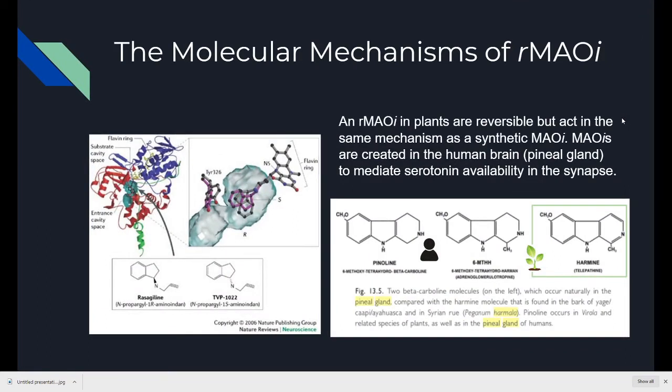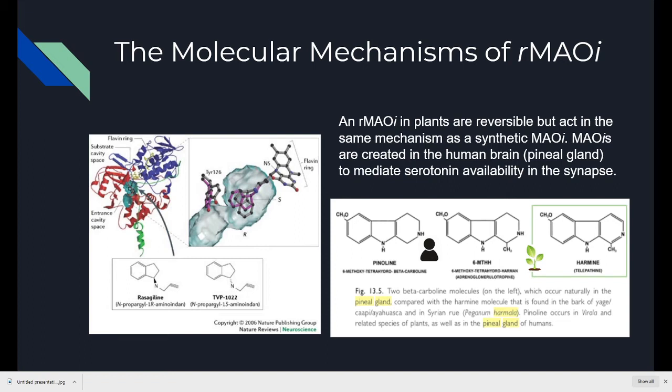So why are monoamine oxidase inhibitors really interesting to me? Well, they're interesting to a lot of spiritualists as well, because in our pineal gland, which is a very interesting part of the very center of your brain, we make two beta carboline molecules. We make pinealine and 6-MTHH, and these occur naturally in our brains.